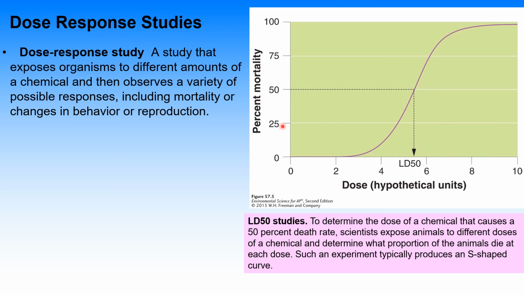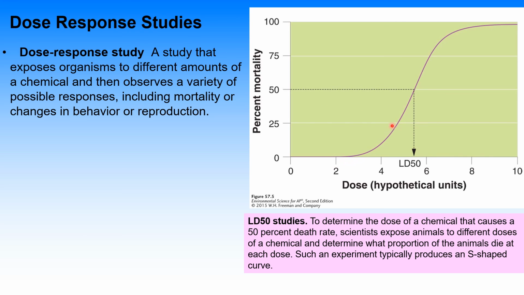That's the mortality rate. So an LD50 means that 50% of the population will die if they are exposed to this dosage, which is almost 5.5. In this case, we'll call it milligrams per kilogram of body weight. So that's what an LD50 is.